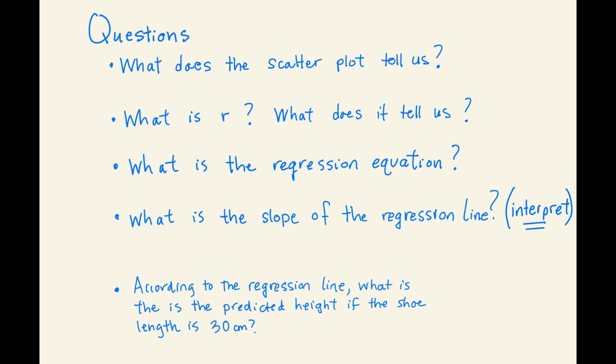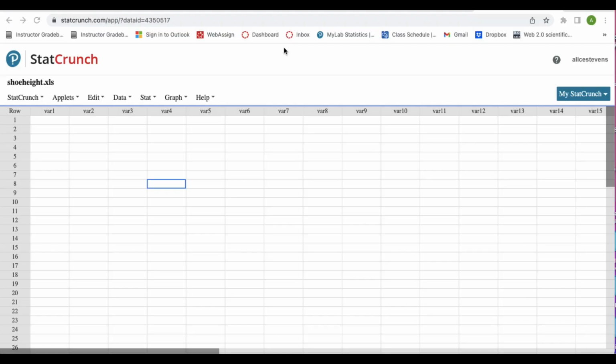Most of these quantities are difficult to calculate by hand, so I'm going to use StatCrunch to show you how to create the scatter plot, how to find the linear correlation coefficient and the regression equation, and then we're going to use those quantities to answer these questions. In order to use StatCrunch to create the scatter plot, I can enter the shoe print lengths into the first column, and then the heights into the second column.